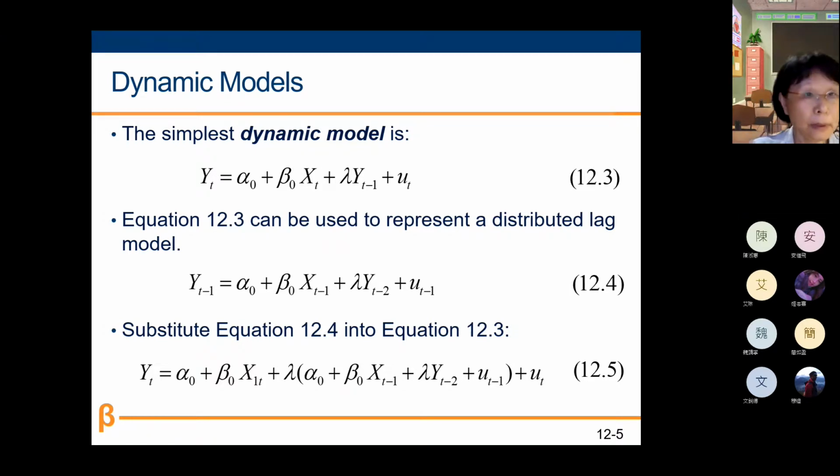Okay, now let's see 12.2 on page 385, for dynamic models. The simplest dynamic model is 12.3, like this one. It means that I have one x variable, and the other one is the lag of the dependent variable.